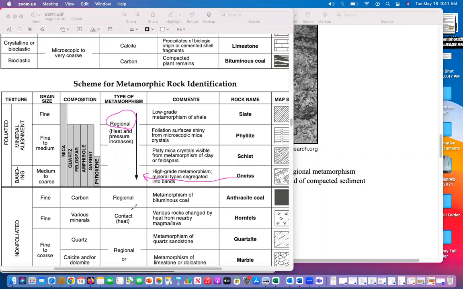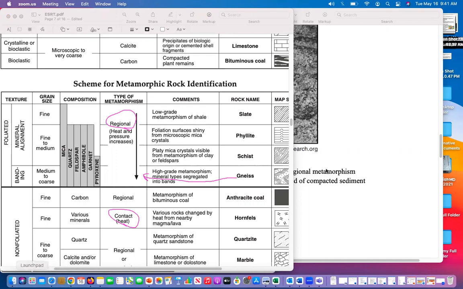The difference between regional and contact is that contact metamorphism is when a metamorphic rock is made primarily due to heat, and regional metamorphism is when the metamorphic rock was created mostly due to pressure. And so therefore it's a regional metamorphism that created gneiss.